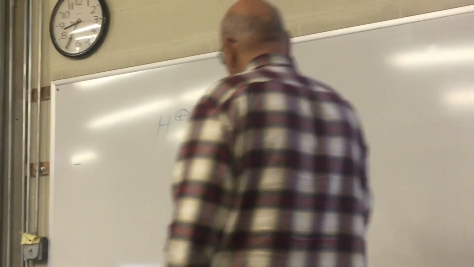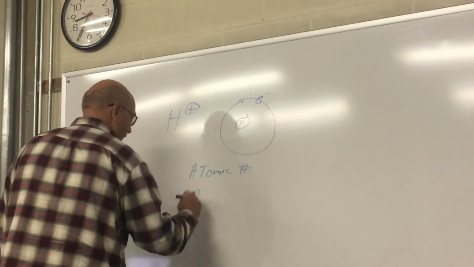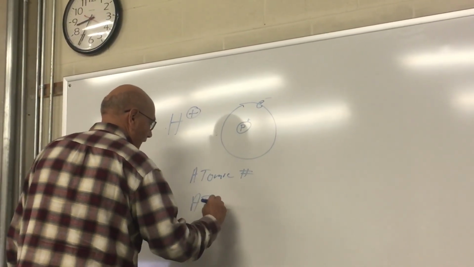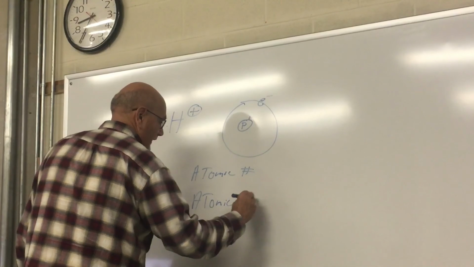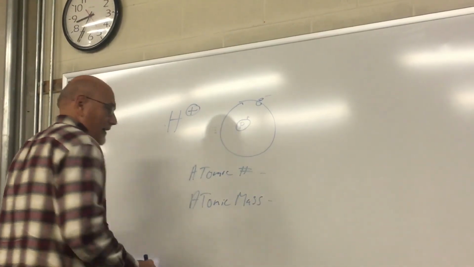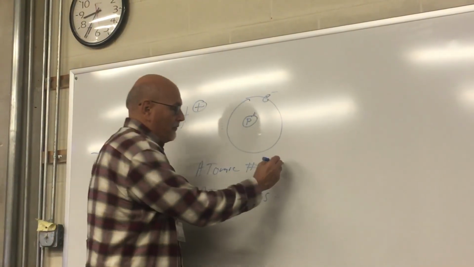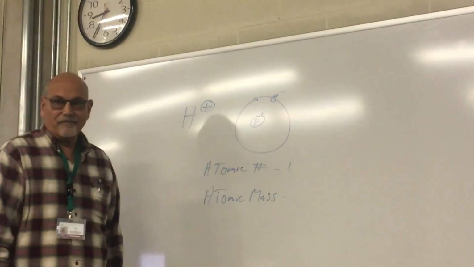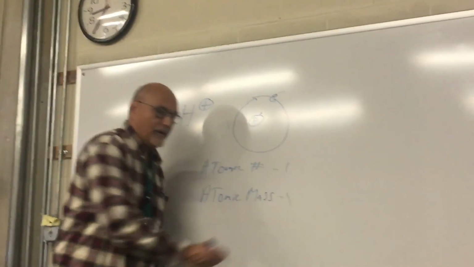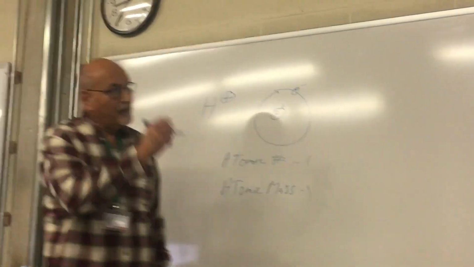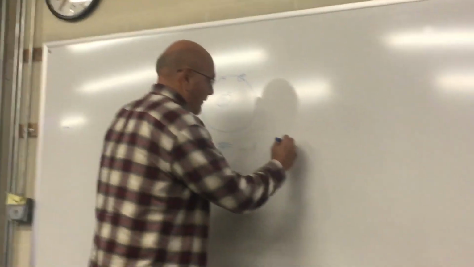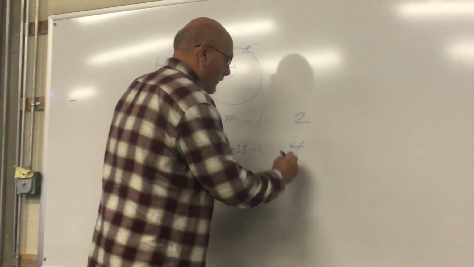On a periodic table you see an atomic number and an atomic mass, or weight. How do we figure that out? What is the atomic number of hydrogen? Pretty much 1. Its mass would be 1. But helium would be atomic number 2, mass 4.